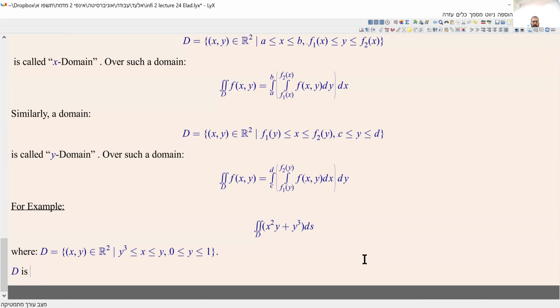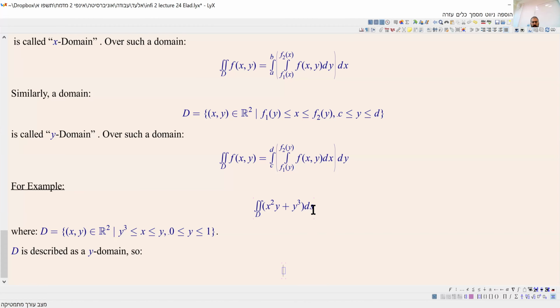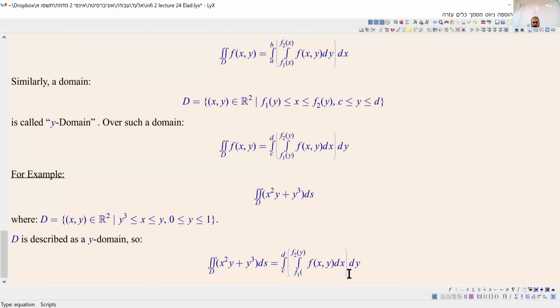Okay, so D is described as a y domain. So we calculate the integral the following way. Now x is between y cubed and y, and y is between 0 and 1.